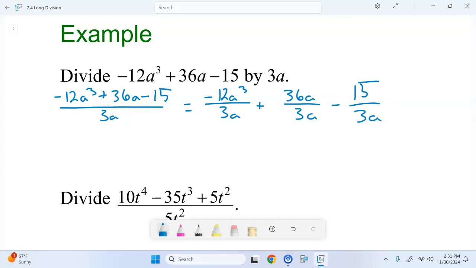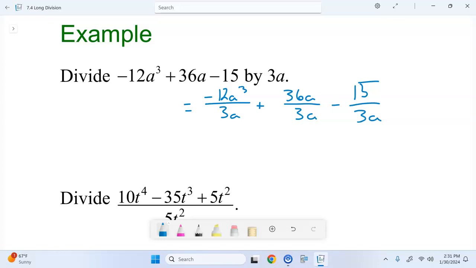Now, take a second before we even go to solve. I want you to look: I have addition and subtraction. What do we have to have in order to add fractions? Common denominator.